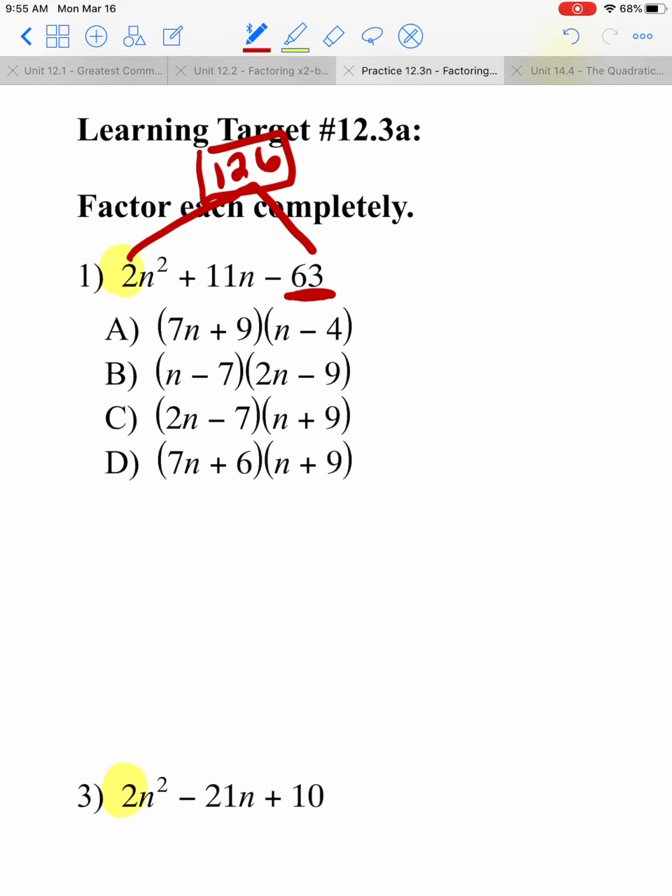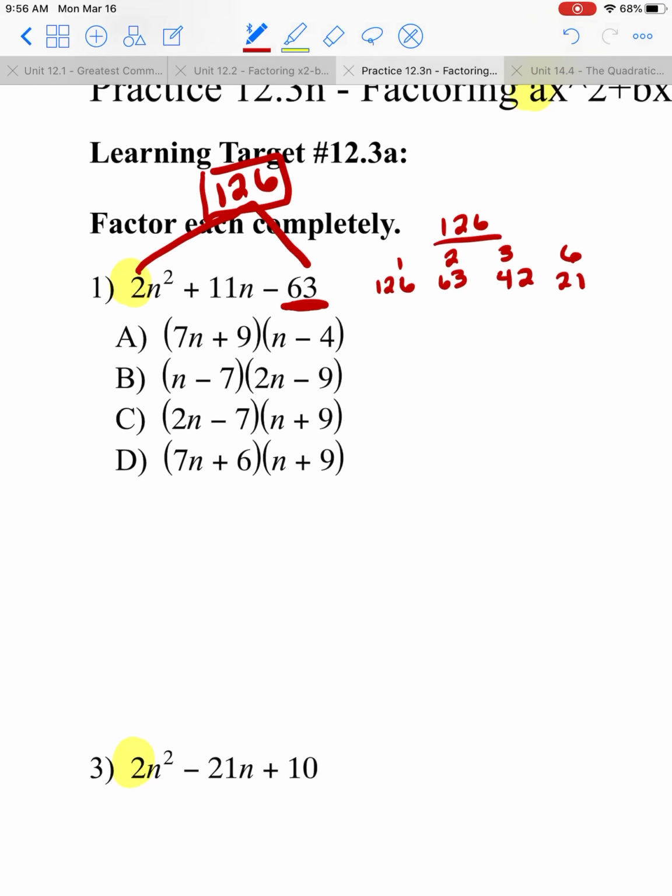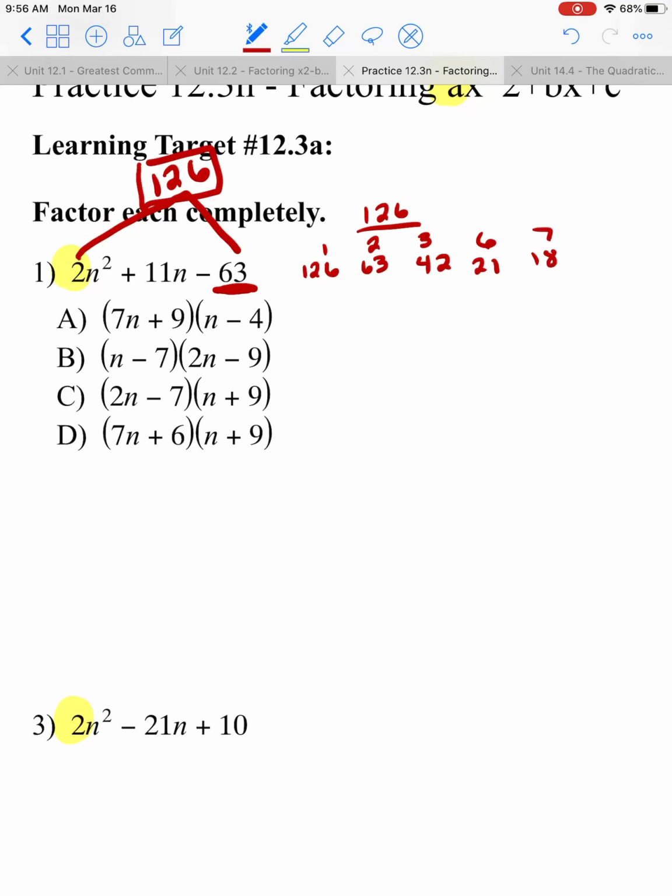The factors of 126 are 1 and 126, 2 and 63, 3 and 42, 6 and 21, 7 and 18, 9 and 14, and that's it.